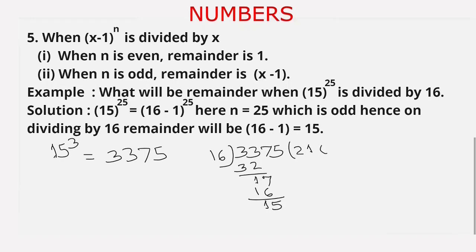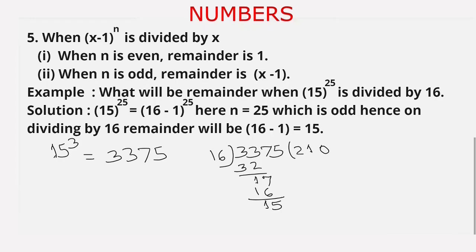So it is not dividing, so we put 0. So 16 divides 3375 for 210 times, and remainder is 15. And this way we can understand that when (x minus 1) to the power n is divided by x, then the remainder is x minus 1 if n is odd.